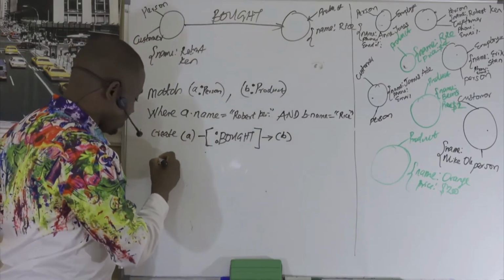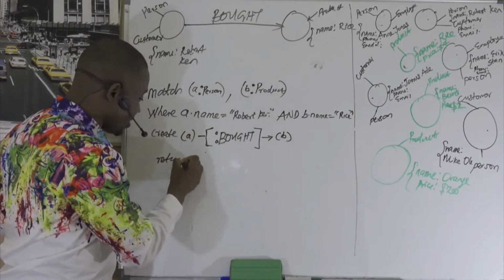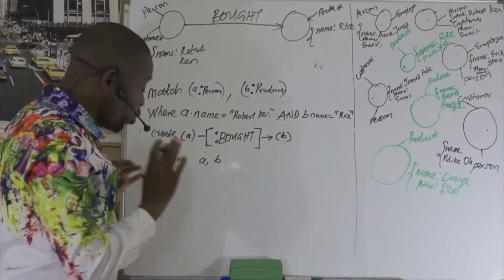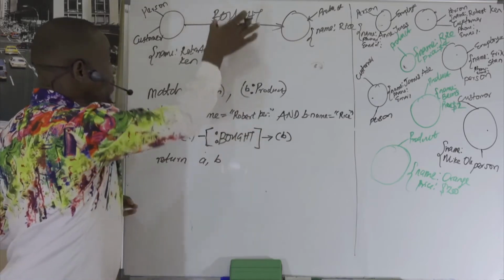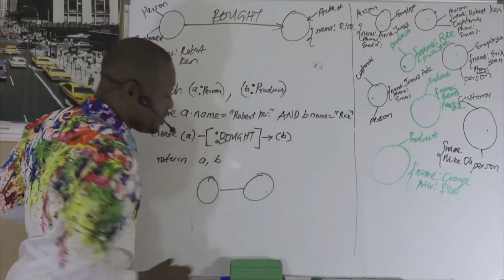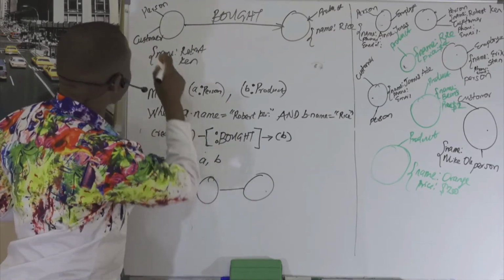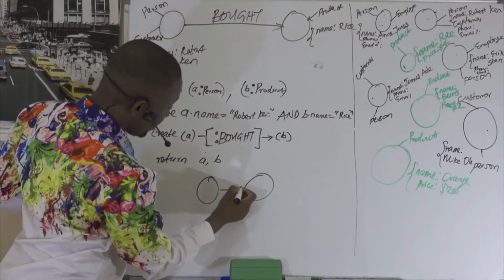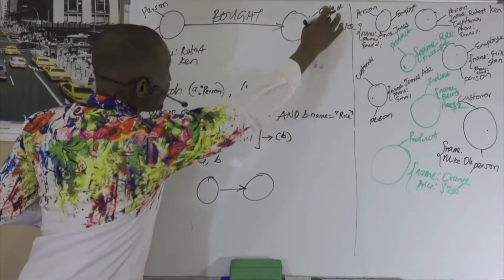Simply return to see your result, A and B. What we have done, we only pick the label, in the simple relationship of this, which is this guy, Robot Ken here, bought this product.